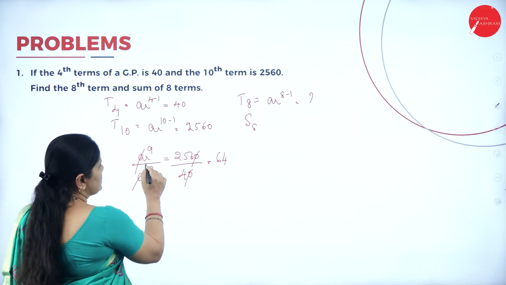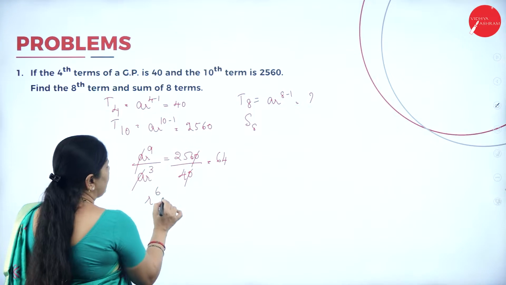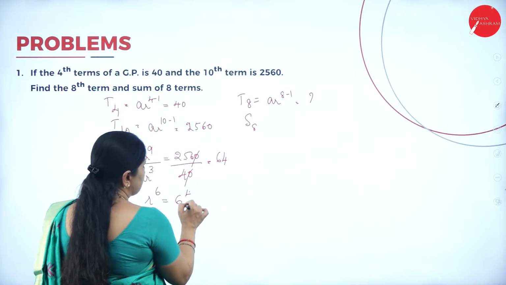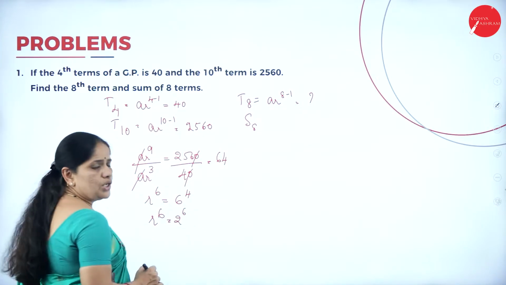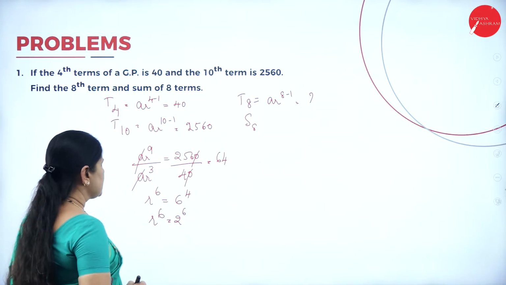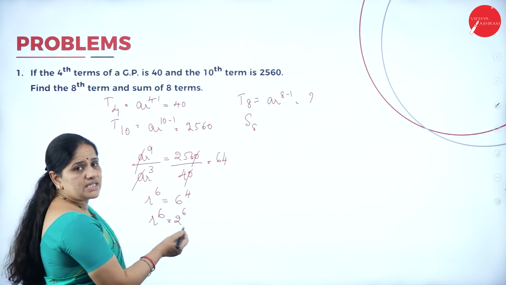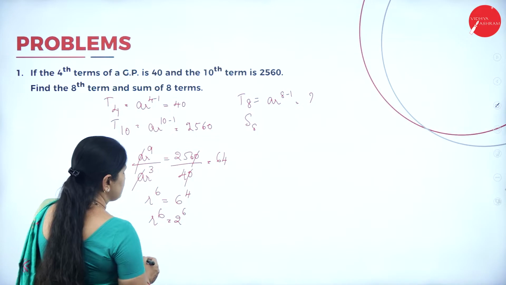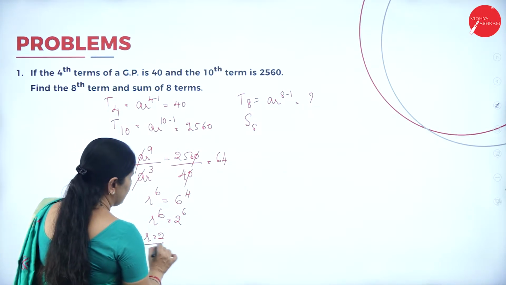So I get r to the power 9 by r to the power 3, which is r to the power 6, equals 64. r to the power 6 will be equal to 2 to the power 6. When the powers are same, the bases are same. So r equals 2 is the answer.